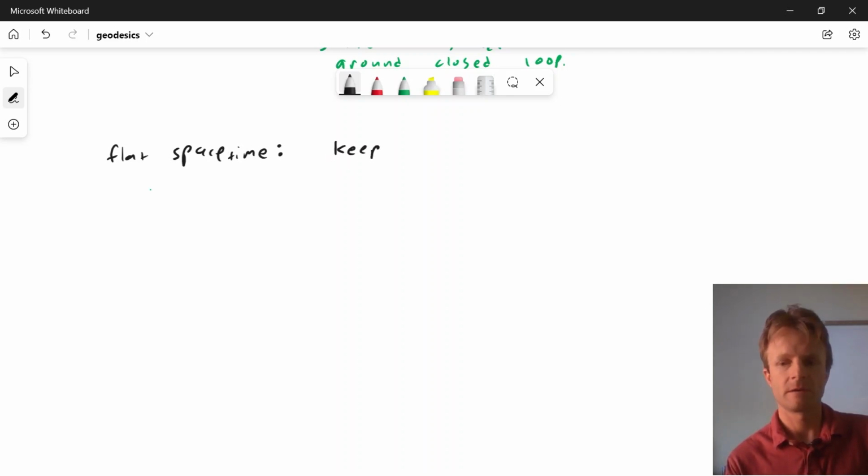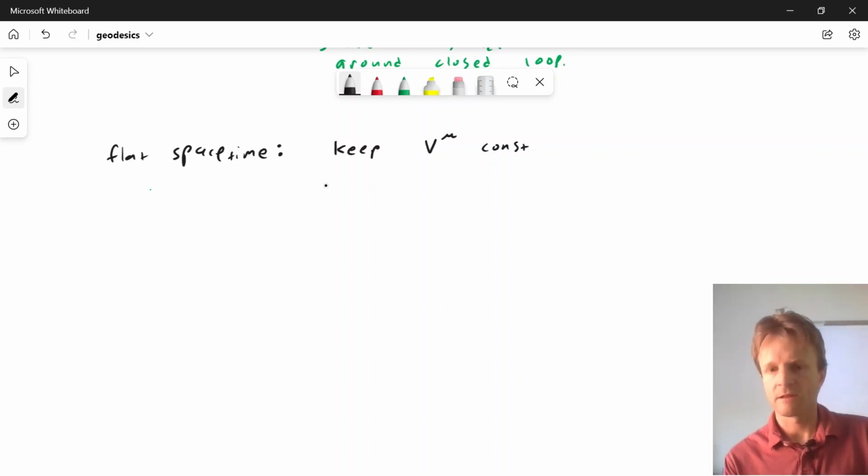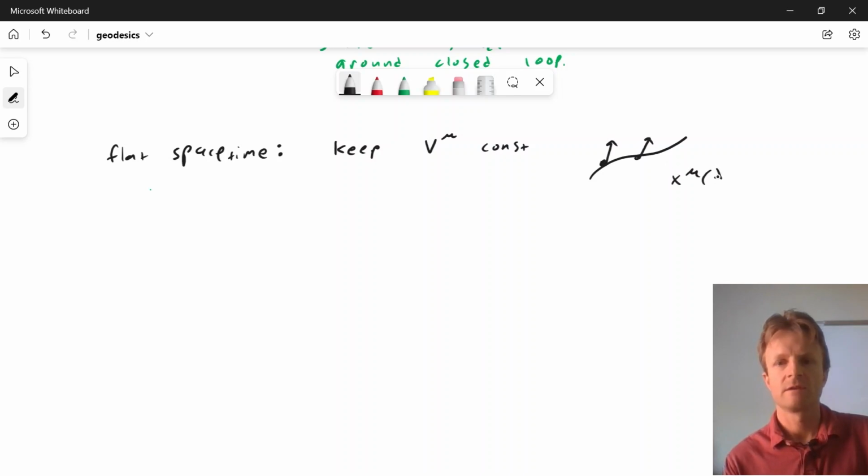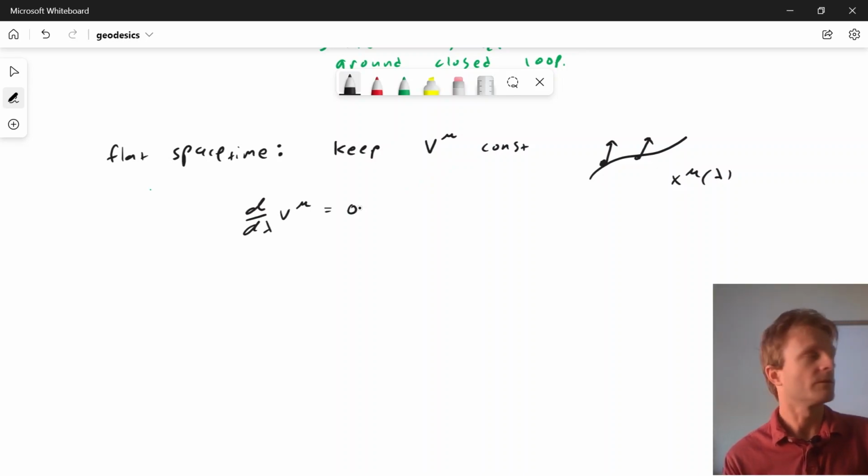So we keep the components of some vector v^μ constant. That was the rule, as long as they're Cartesian coordinates. So how can we write that a little more nicely? And here's our curve, here's our vector. Our curves are always some x^μ(λ). And to keep this constant along the curve means d/dλ v^μ = 0. That's our flat space-time law.